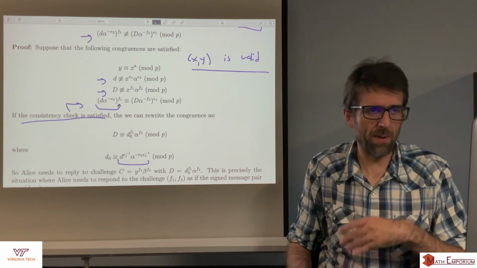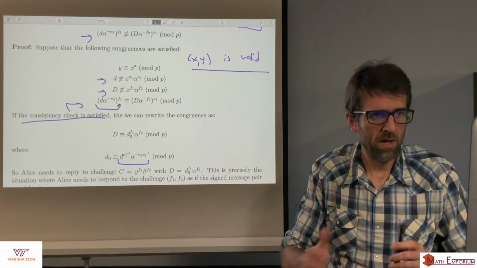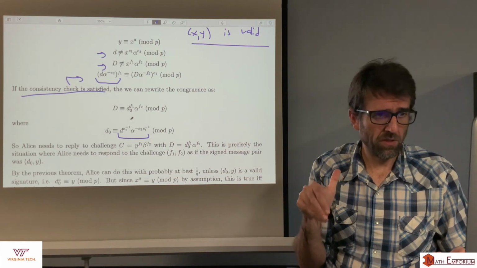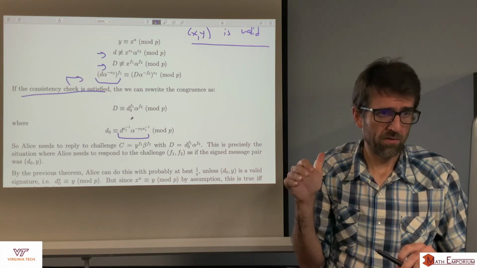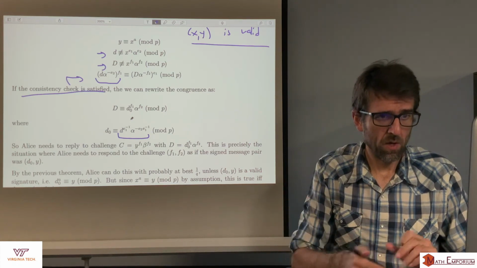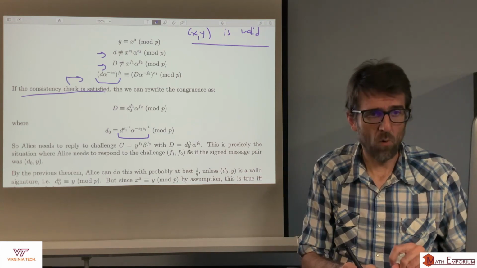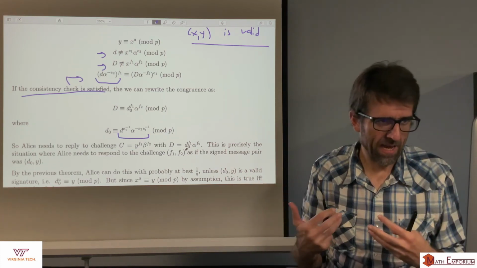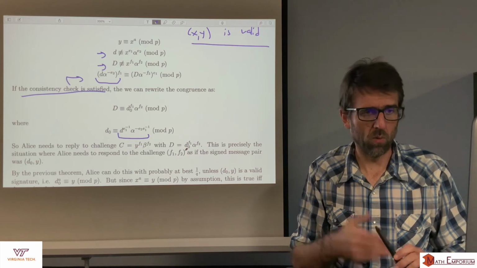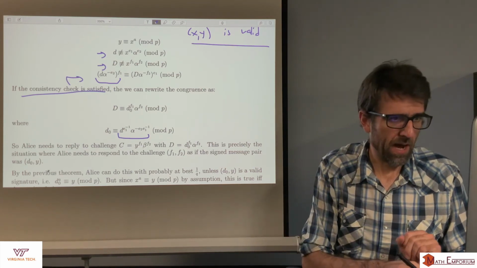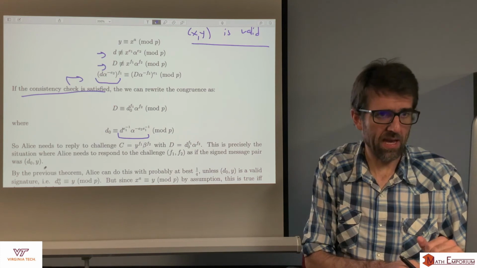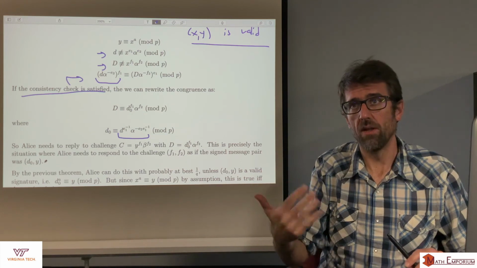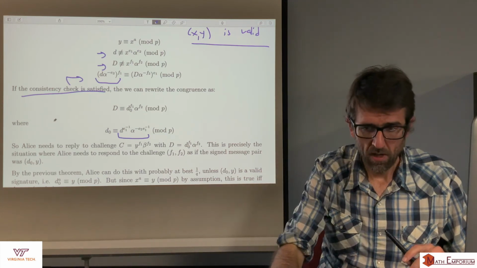I'm not too concerned about the form of d naught. The point here is that Alice needs to reply to this challenge y to the f1 beta to the f2 with this response d, that's of the form d naught to the f1 alpha to the f2, which means that Alice has to reply as if the signed message pair were d naught y. Because in this instance, if the actual signed message was d naught, the response would be d naught to the f1 alpha to the f2.